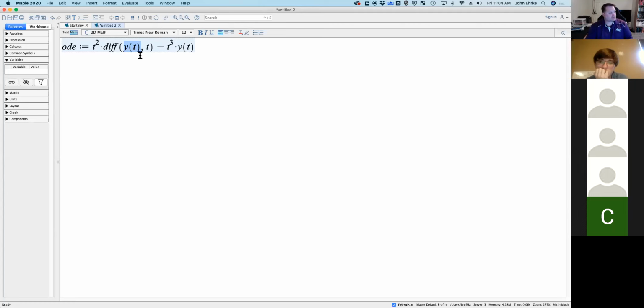This is one of the mistakes that I see students make most often. You can't just enter y, because y is a variable, y of t is a function. The solutions to differential equations are functions, not variables. So this is y of t, and then it equals 2t squared. So there's my differential equation.